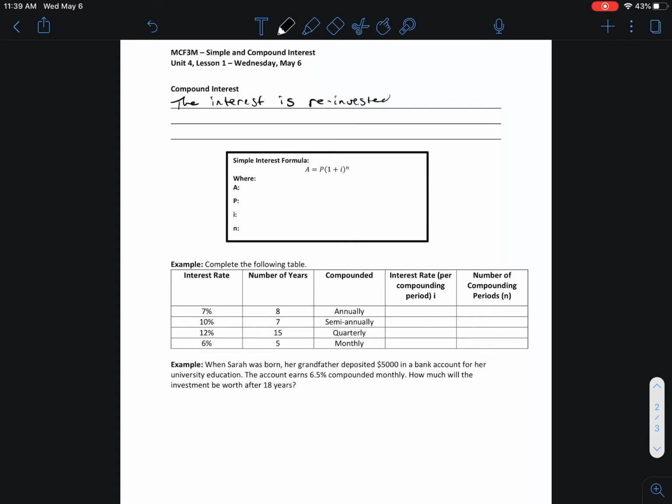So the interest is reinvested at regular intervals.